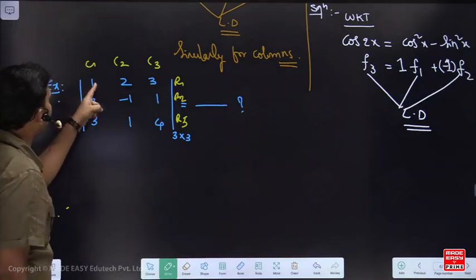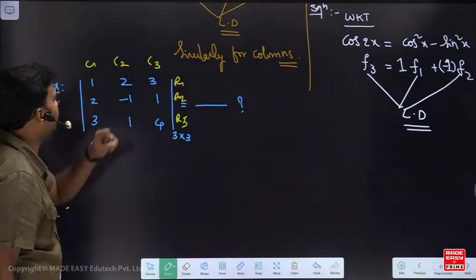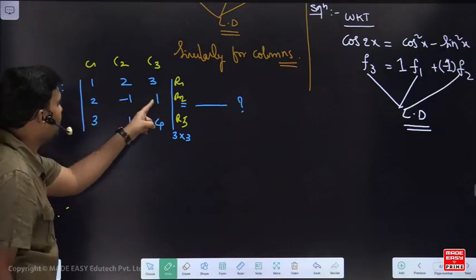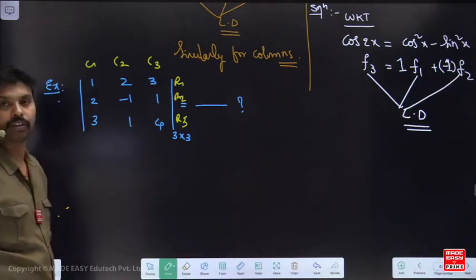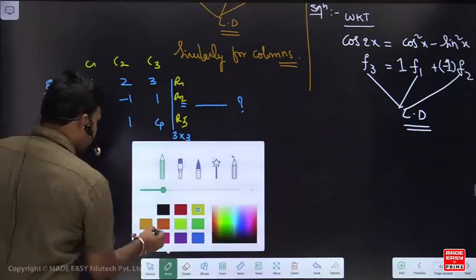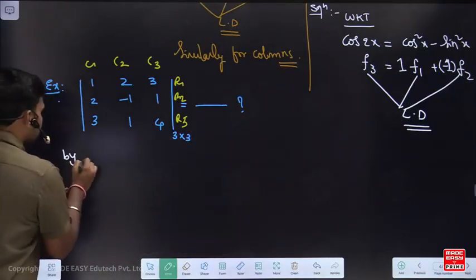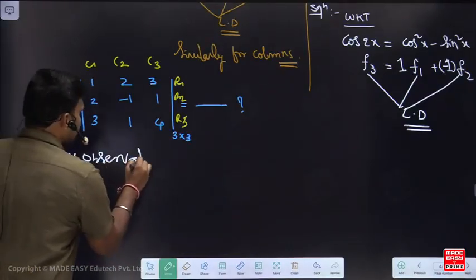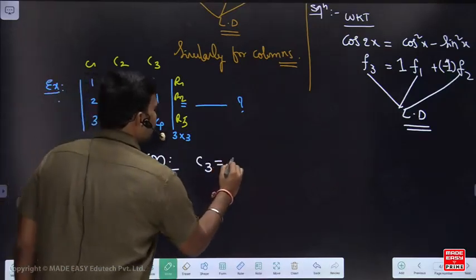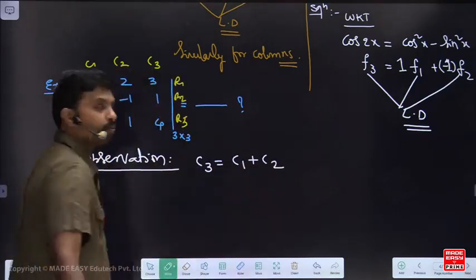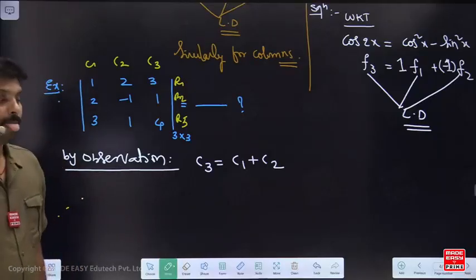See here, 1 plus 2 is how much? 3. 2 minus 1 is how much? 1. 3 plus 1 is how much? 4. So it is very clearly observation. By observation here, it is very, very clear, my dear students, that C3 is given by C1 plus C2. Do you accept it? Right.